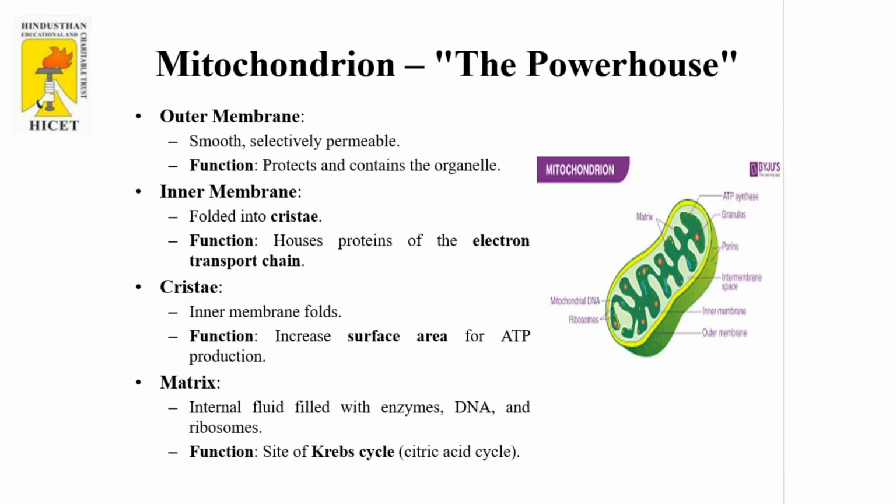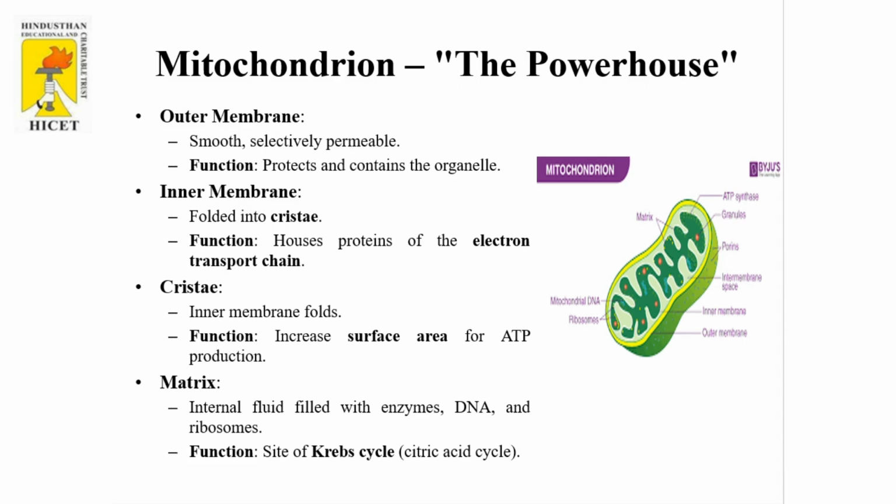The next one is the mitochondria, which is the powerhouse of the cell. The mitochondria has four major parts: outer membrane, inner membrane, cristae, and matrix. The outer membrane is smooth and selectively permeable, which helps in protection.